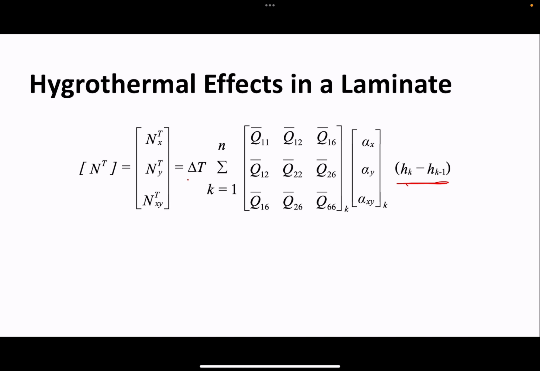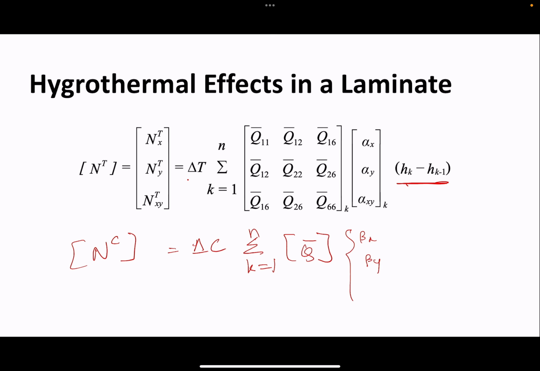Similarly, you have for NC, which are the moisture loads. So you have del C, and it's the same thing, sigma k equal to 1 to n, the Q bar matrix, and then you have beta x, beta y, beta xy for that particular layer. It's the same hk minus hk minus 1.